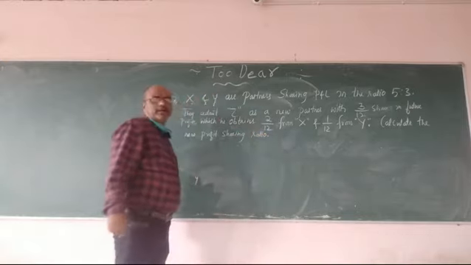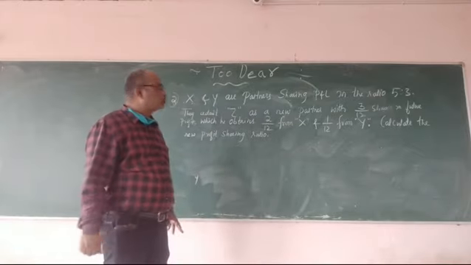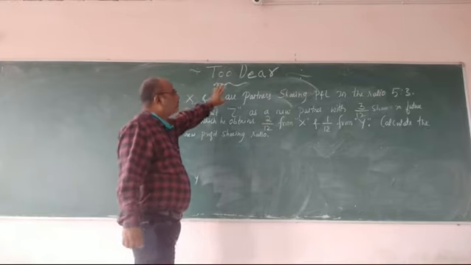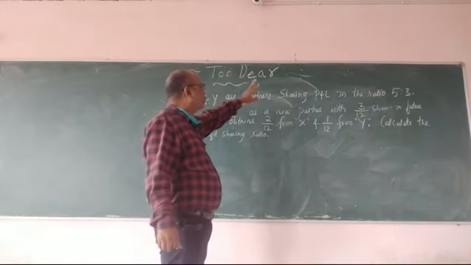Let us decide which method it belongs to, first method, second method or third method. X and Y are partners sharing profits and losses in the ratio of 5:3.